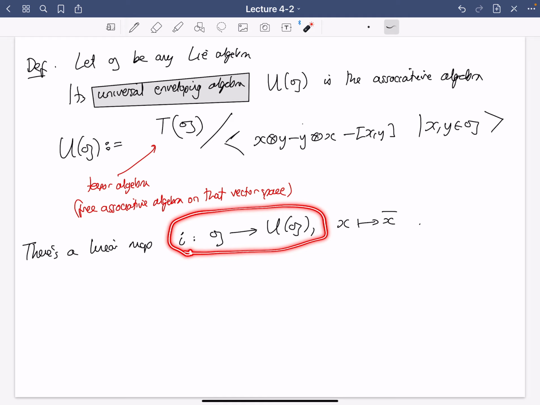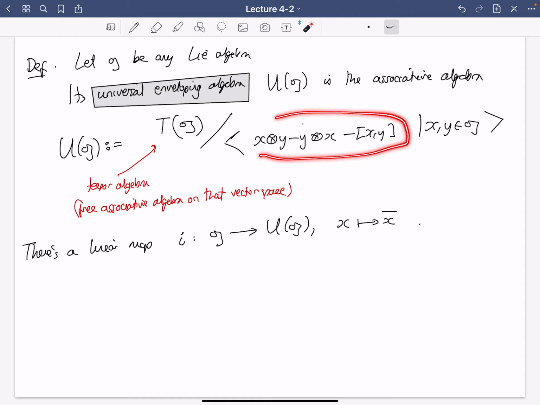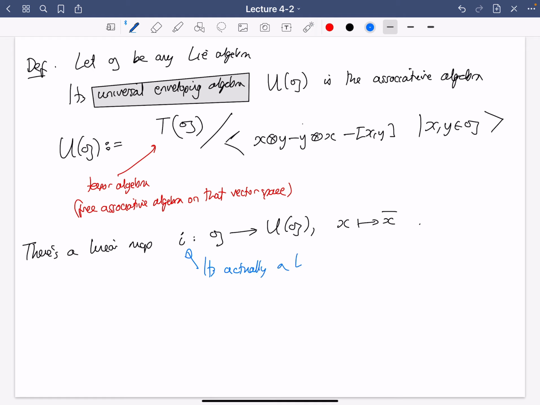We will see next time that it is injective, but nothing that I'm saying today depends on knowing that, because it's not immediately clear from this definition. The ideal that we factored out consists of degree 2 tensors, whereas this is in degree 1 in the tensor algebra. Okay, so let me see. This linear map is actually even a little bit better. It's actually a Lie algebra homomorphism.